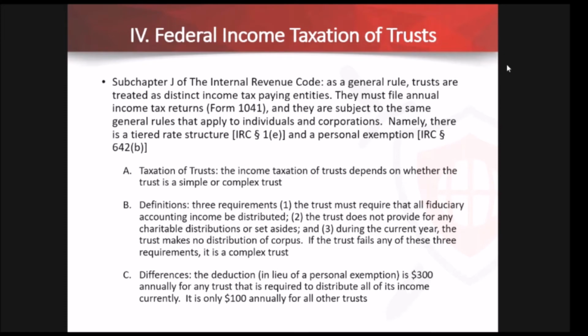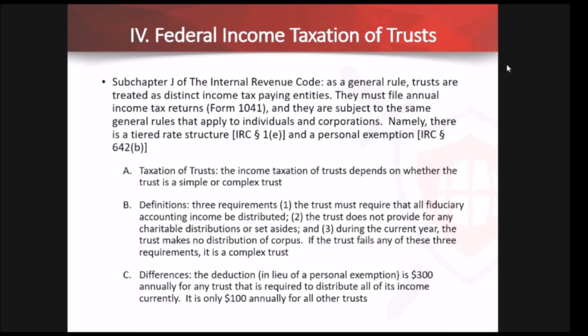So first off, let's start with definitions. A simple trust is a trust that requires all of the income in a given year, accounting income, to be distributed out. That has to be one. Two, you can't make any charitable distributions in a given year. Three, you can't make a distribution of corpus at all during the given year.